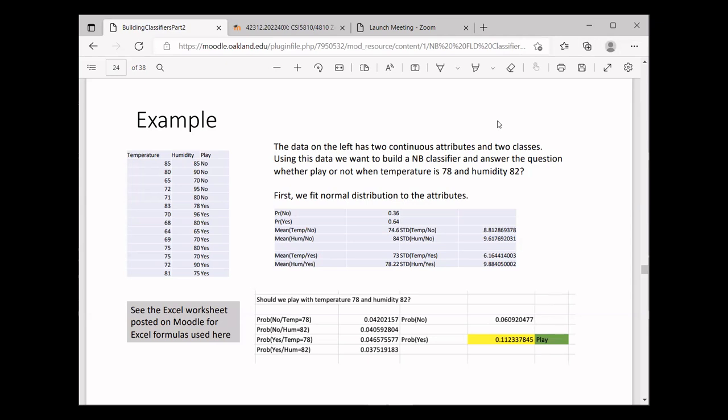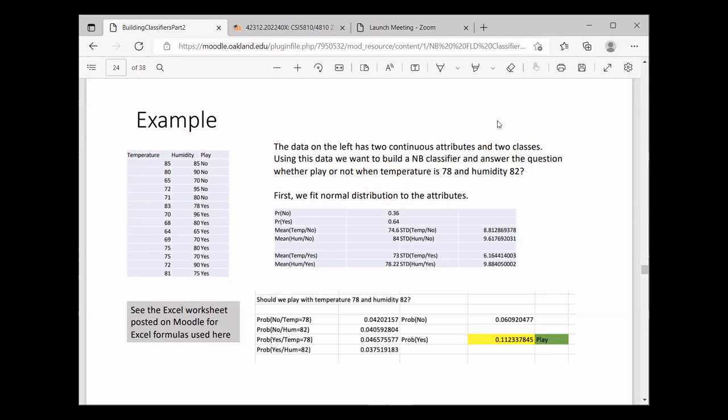Similarly, you do the calculations for humidity. All right. So basically what we have done is we have done the calculations for temperature and humidity conditioned on both the classes, play and do not play. And we have gotten the mean and the standard deviation. So once we have those numbers, and if somebody says, you know, the temperature is 78 and humidity is 82, should we go and play or not?